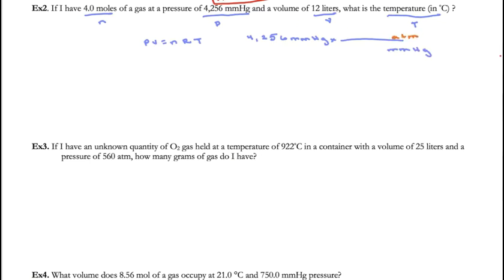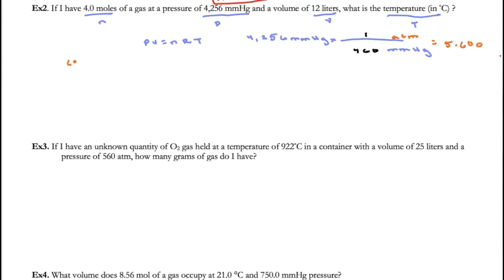I know that 1 atmosphere is 760 millimeters of mercury. And so what I get for my atmospheres, I'm going to take 4,256, I'm going to divide by 760, and what I get is 5.6. Now keep in mind, to keep with the correct number of sig figs, this should be 4 sig figs, so I'm going to add 2 zeros to this, but that is my pressure in atmospheres.